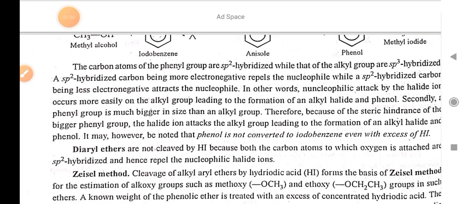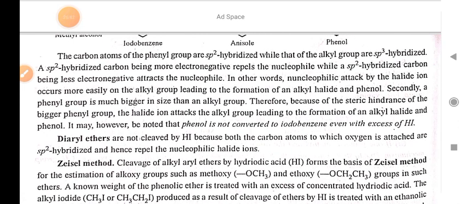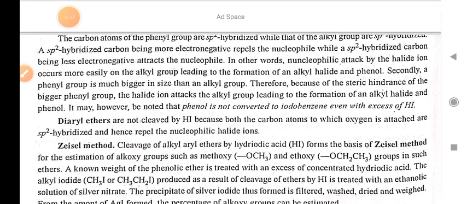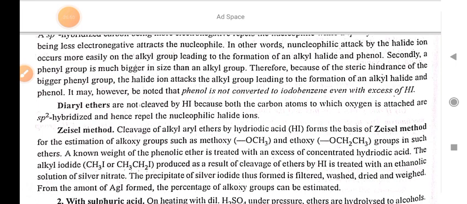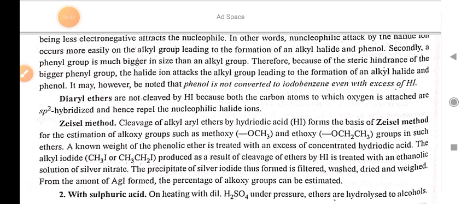The carbon atoms of the phenyl group are sp2 hybridized while that of the alkyl group is sp3 hybridized. The sp2 hybridized carbon, being more electronegative, repels the nucleophile, while the sp3 hybridized carbon, being less electronegative, attacks the nucleophile. In other words, nucleophilic attack by the halide ions occurs more easily on the alkyl group, leading to the formation of an alkyl halide and phenol.